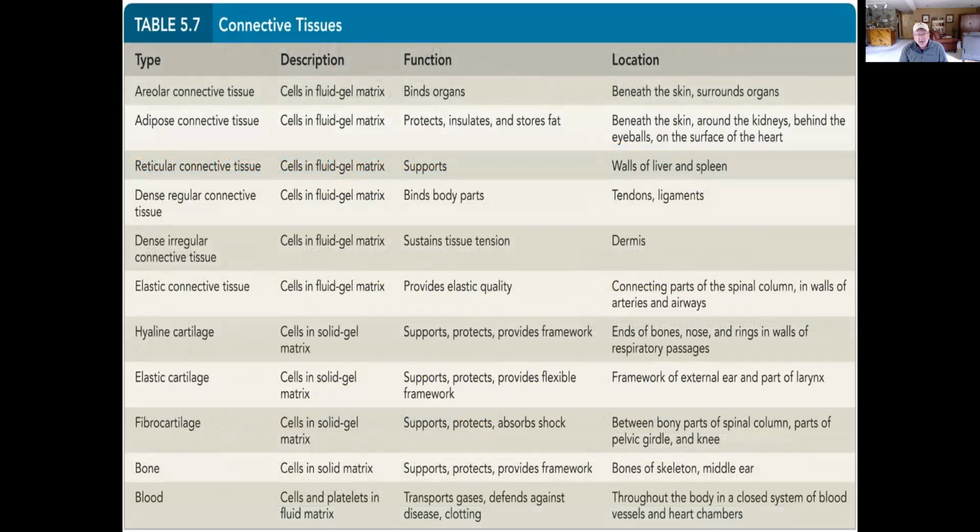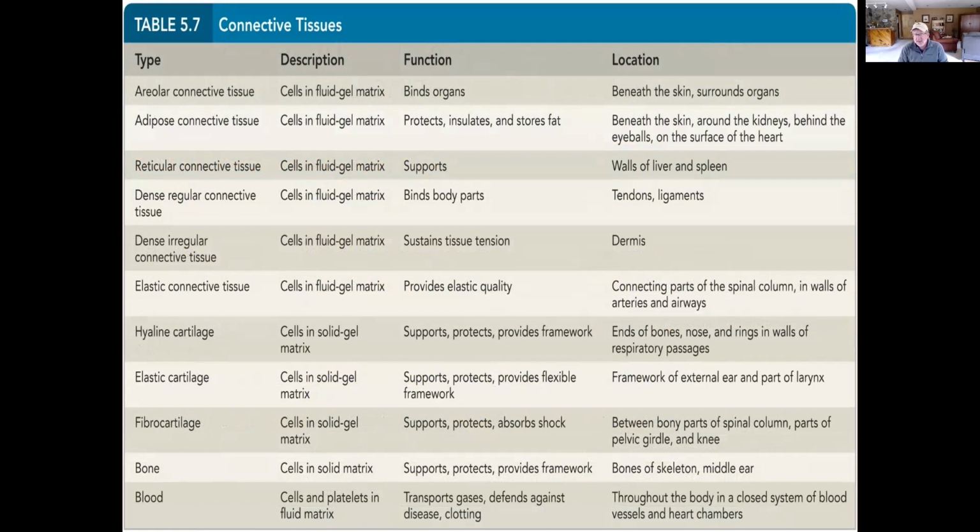Now this table lists a bunch of different kinds of connective tissues, and it looks a little daunting at first, but it really is not so bad. We're going to be talking about each of these in some detail, both in lecture now and also when we get to this in lab. So you're going to hear about it several times.